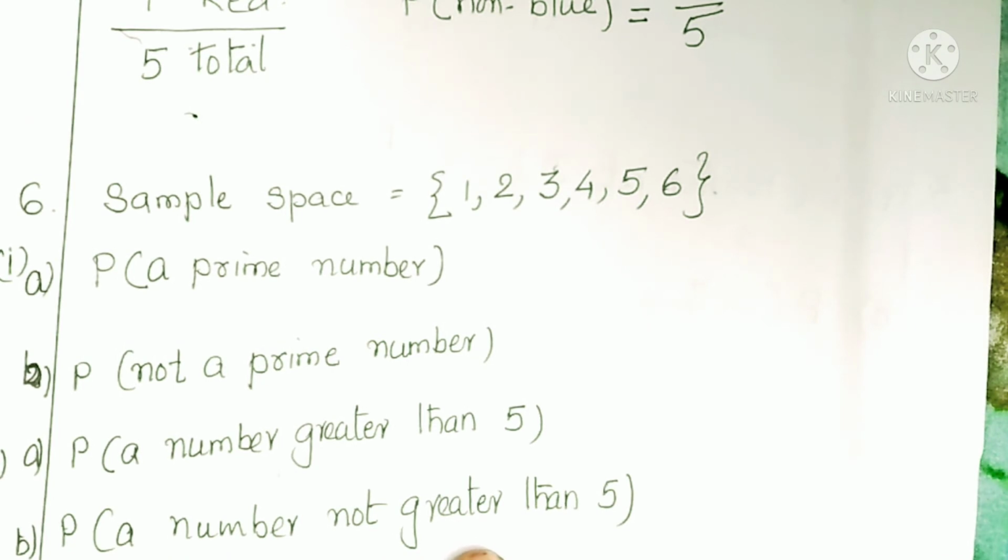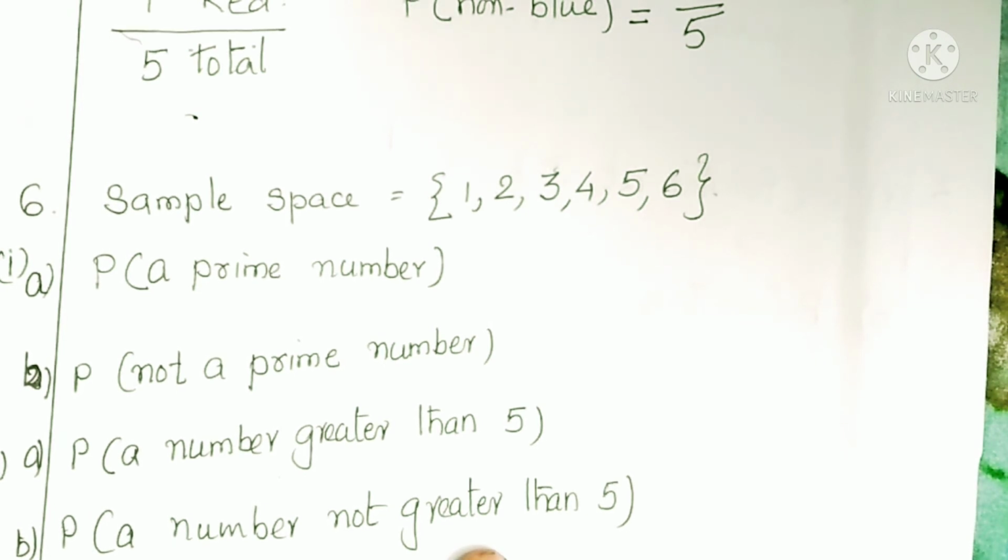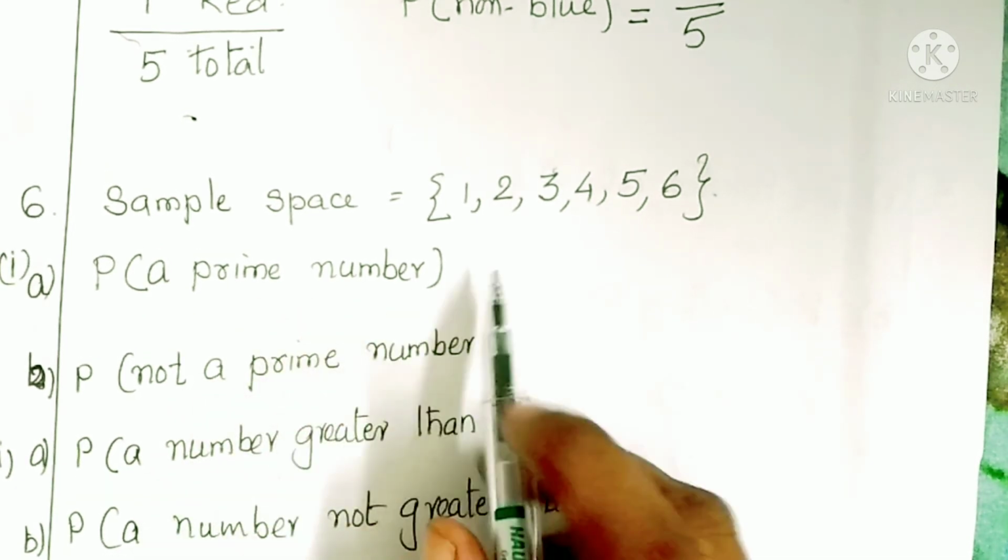Now the next question is, find the probabilities of the events given in question number 2. What was given in question number 2? A die was thrown, and you have to write the possible outcomes, and then find the answers to the given questions. The first question is the probability of a prime number.